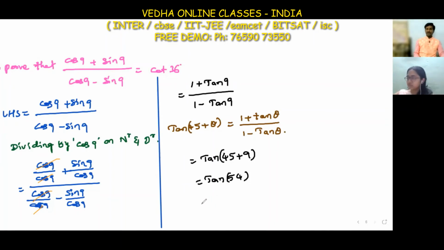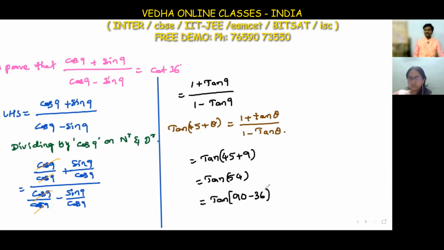So writing the tan as it is, tan 54 degrees. How can we write 54 degrees? Can we write 54 degrees as 90 minus 36? 90 minus 36 is 54. Now we have the concept tan of 90 minus theta.